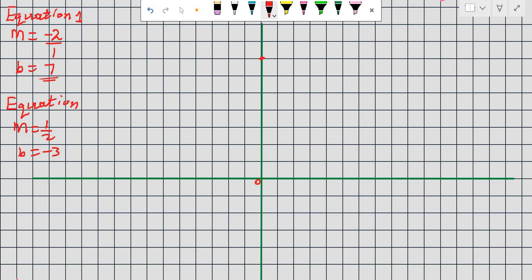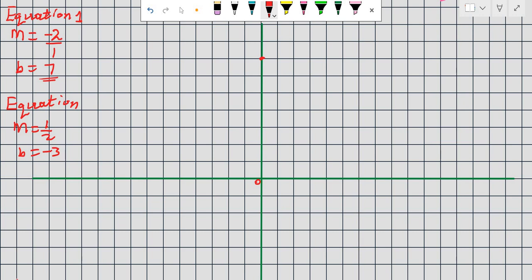So since we have negative 2 here, we are going to count 2 steps downward, and then the denominator, you count along the x-axis. Now, the denominator is positive, so we are going to count to the right. When it is positive, we count to the right. And when it is negative, we count to the left along the x-axis.